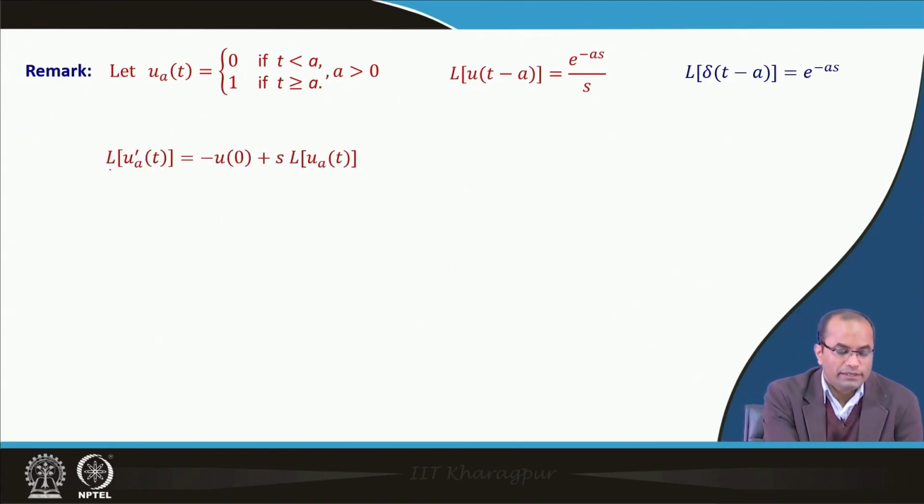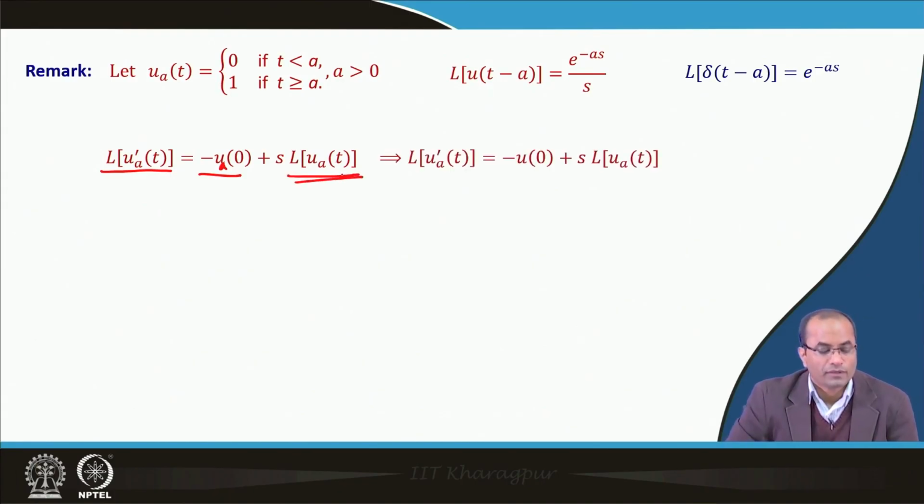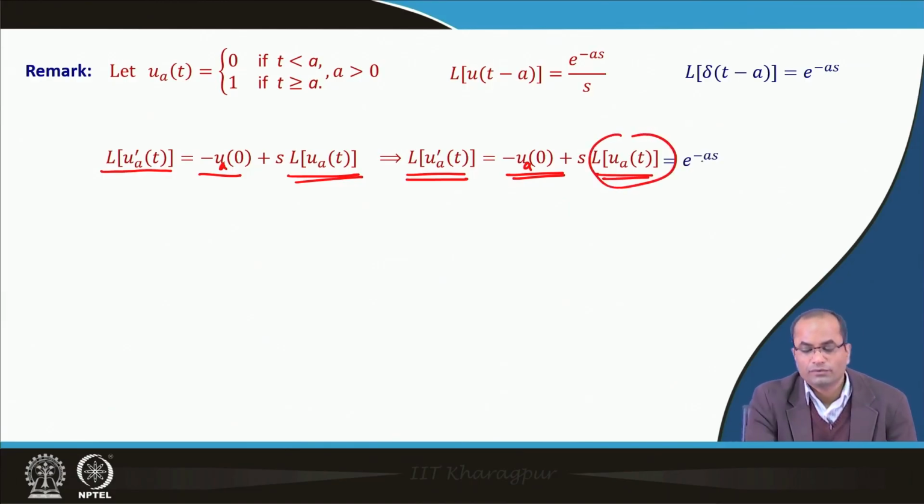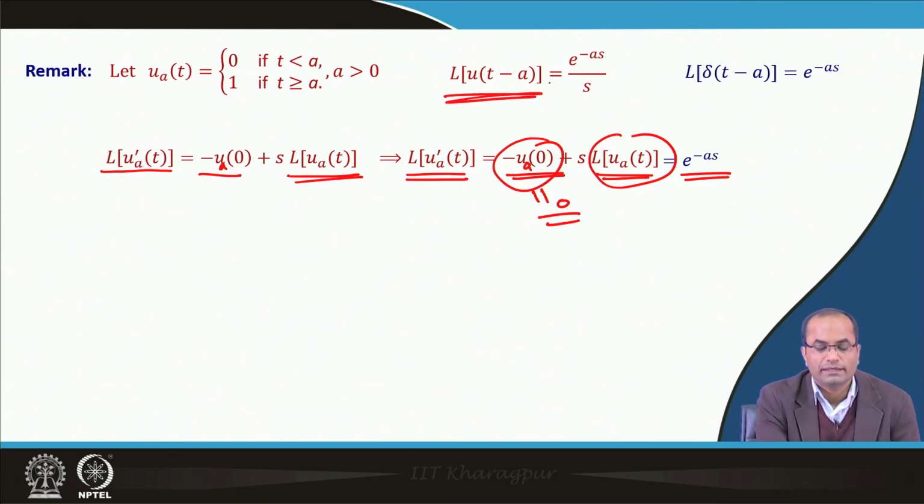We already know the derivative theorem: the Laplace of the derivative of u a will be minus u a 0 plus s times the Laplace of u a t. We can substitute here, and because u a 0 is 0, we have s times the Laplace of u a t, which is just e power minus a s.